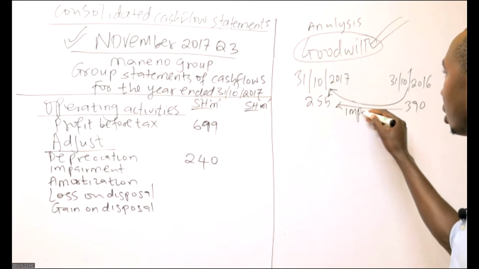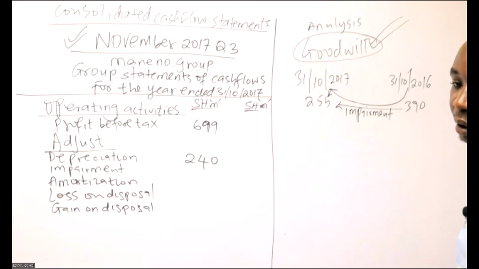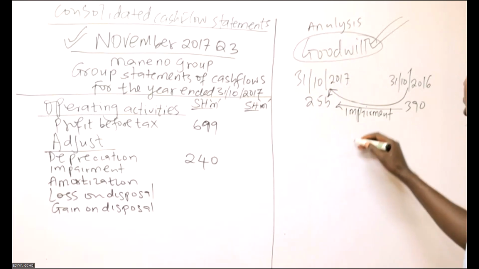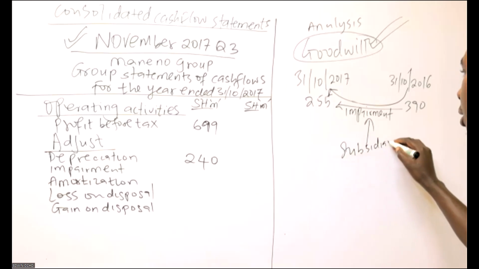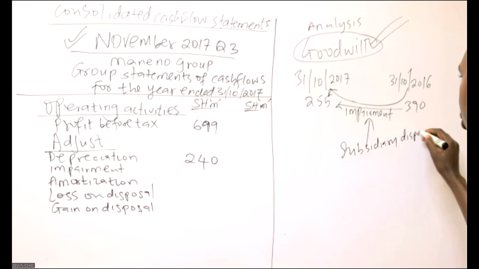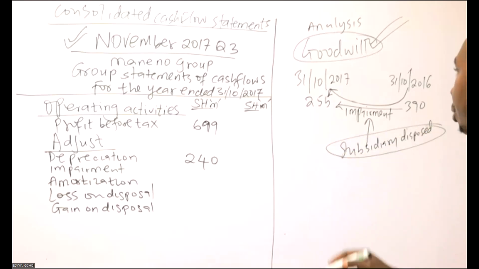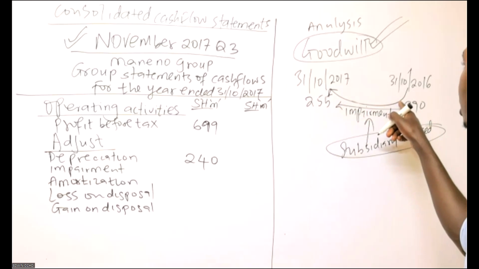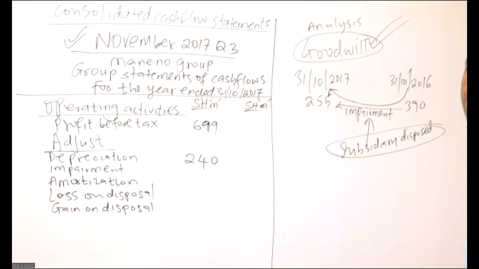But this is not the final conclusion, because in advanced, there's an aspect of a subsidiary, like now in this question, there's a subsidiary disposed. So we need to know the goodwill of this subsidiary, and we determine impairment. Then under this analysis, we do a final conclusion.